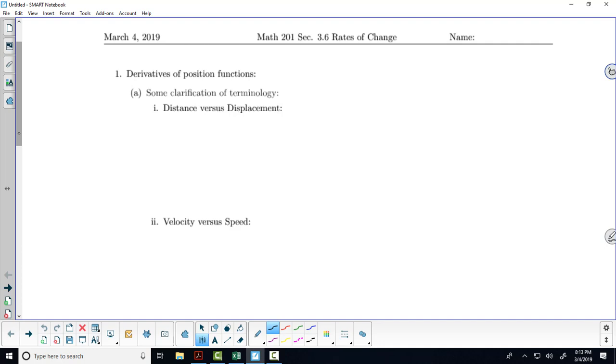So the first thing I want to say is let's go ahead and define the word displacement. Okay? So the displacement can be thought of as the final position minus the initial position.